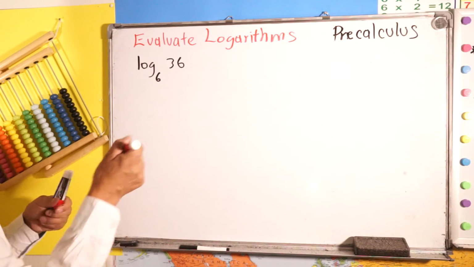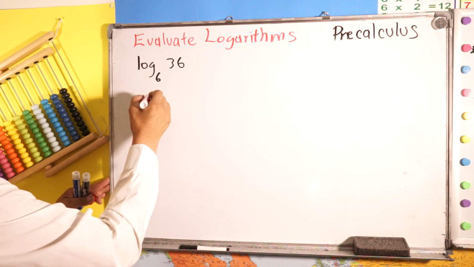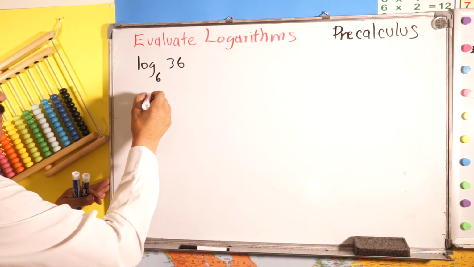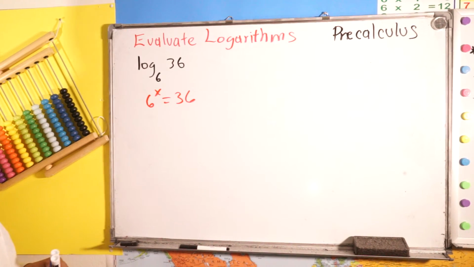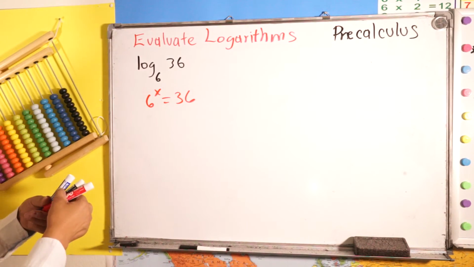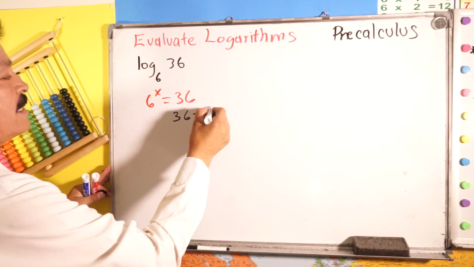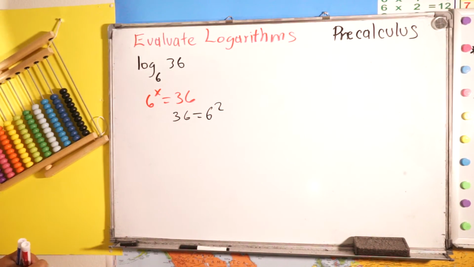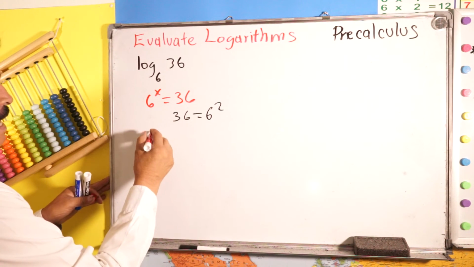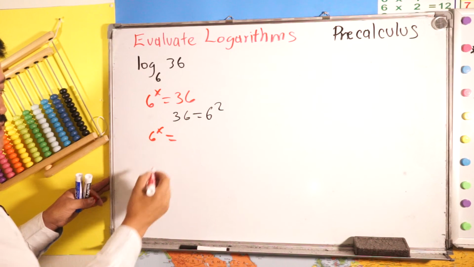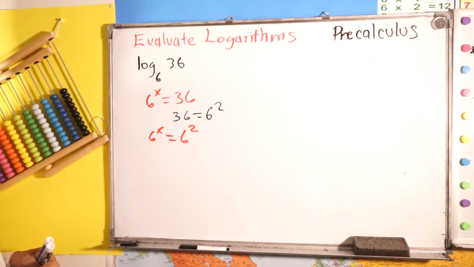Where is the next step then? Here we have 6 to the x power equals 36. All right, so now 36 equals 6 to the second power, right? It's a little bit different from the problem before. So now 6 to the x power equals 6 to the second power.